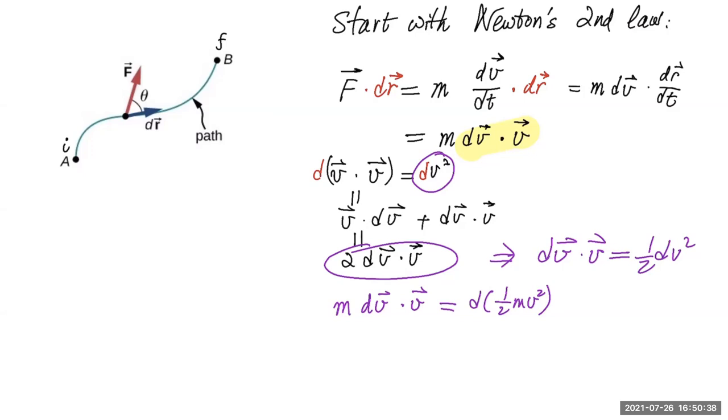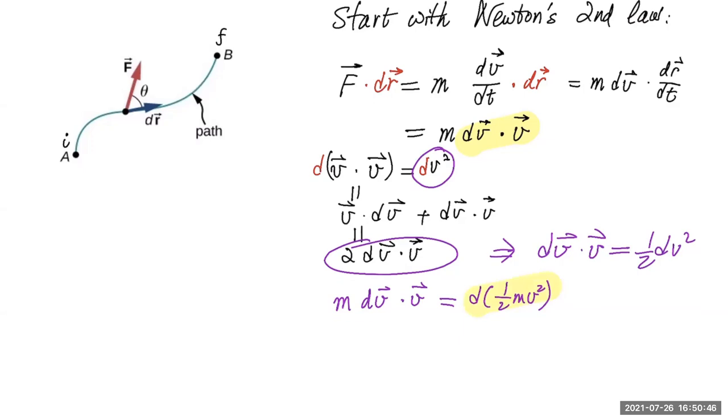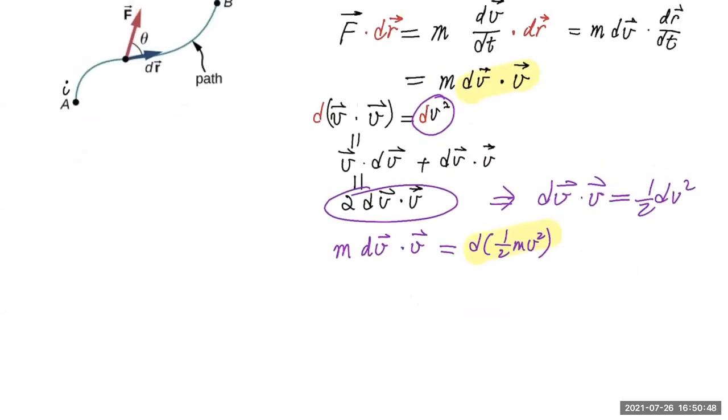So I'm going to equate this newest expression with the left-hand side, which is F dot dr. So let's see what we have now. We have F dot dr, that's the left-hand side, equals d of 1/2 mv squared.